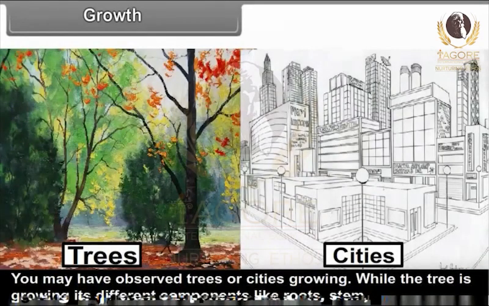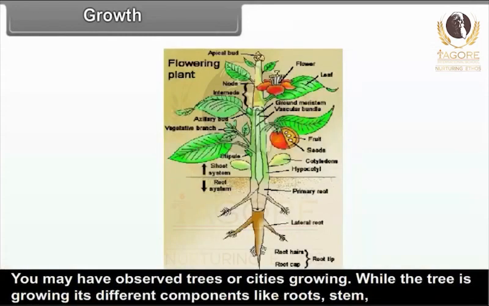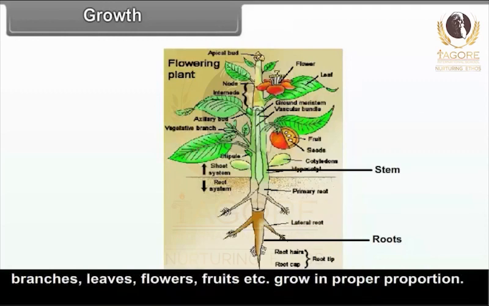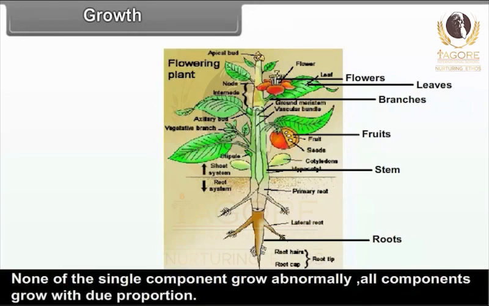You may have observed trees or cities growing. While a tree is growing, its different components like roots, stems, branches, leaves, flowers, fruits, etc. grow in proper proportion. No single component grows abnormally. All components grow in due proportion.